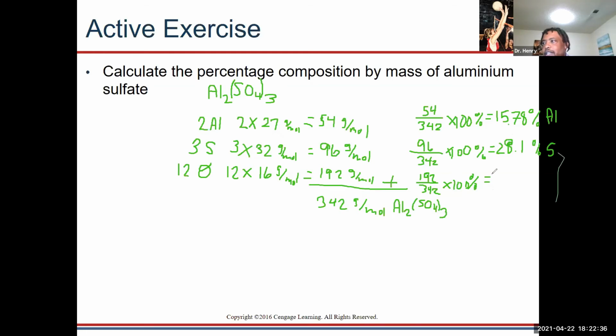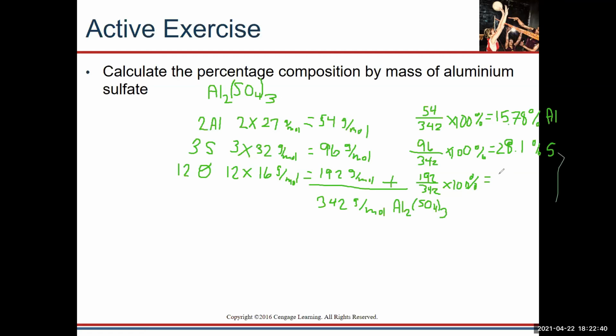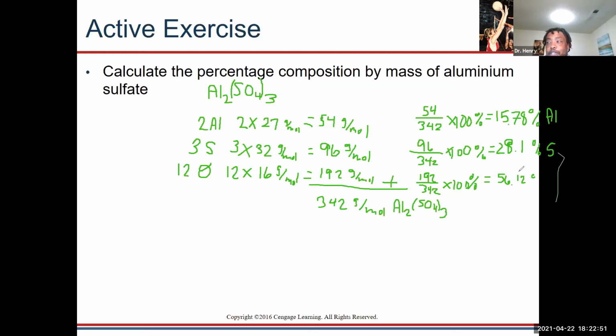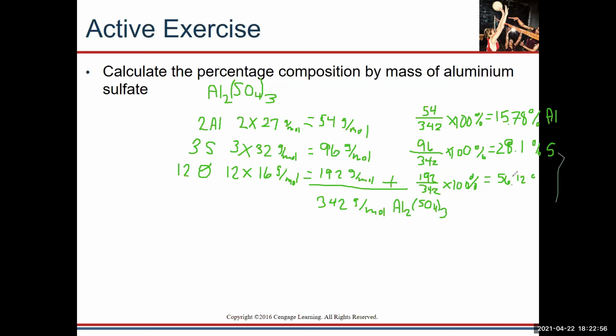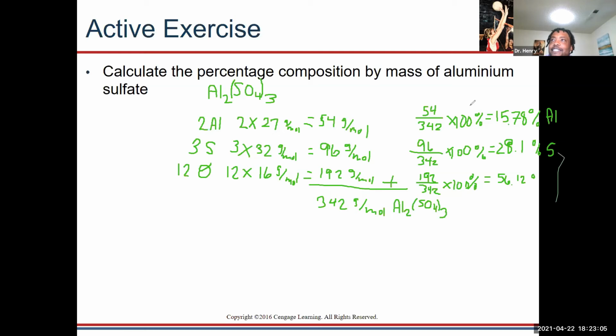So Daisy, I know you've calculated it. What's the answer? 56.14. You said 56.14 or 56.12? It's 56.14 that way, but when I do it by adding then subtracting, I get 56.12. Yeah, that's better because it adds up to 100.